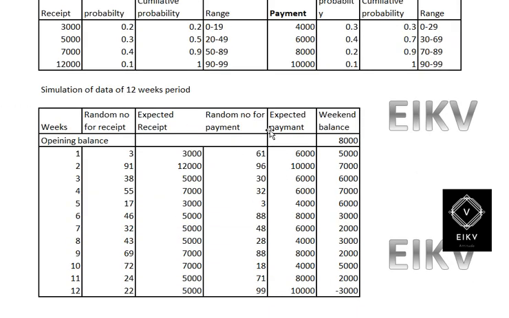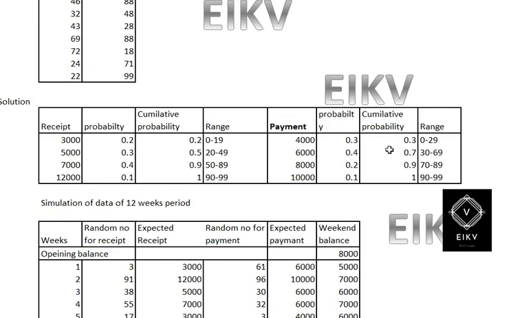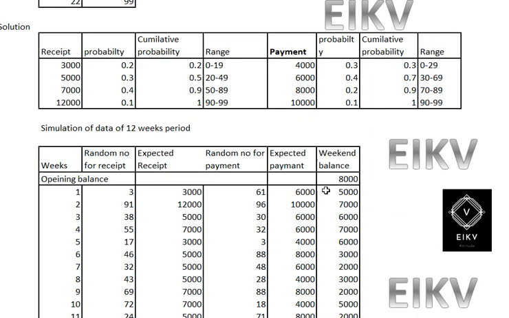And when we check the payment random number, it is 61. When we check the range for 61, it falls over here, so 6000 is the payment. They have given us 8000 as the opening balance, which I forgot to mention. So 8000 plus 3000 minus 6000 gives you 5000 as the positive balance.